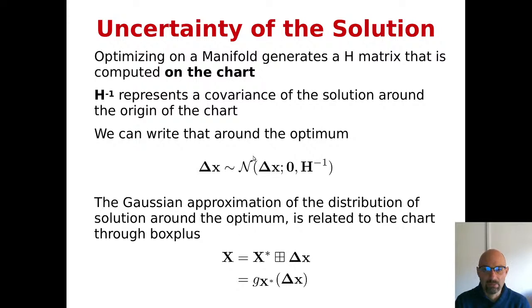We have already seen before that H was the information matrix of the perturbation around the optimum. Okay? And this comes from the previous lesson.